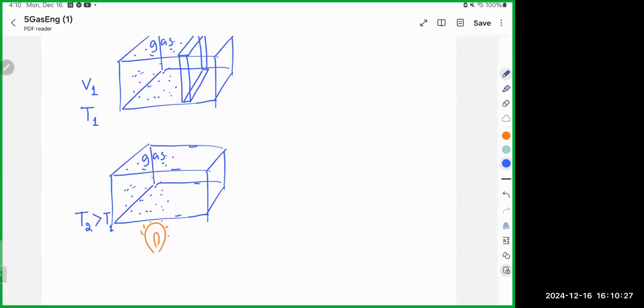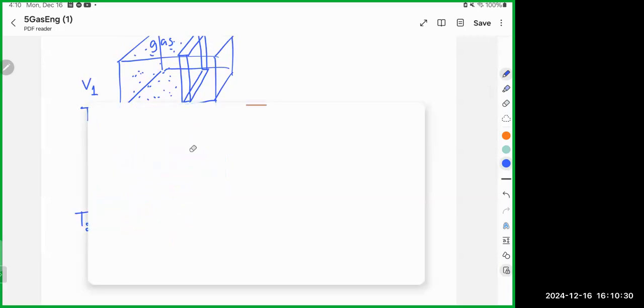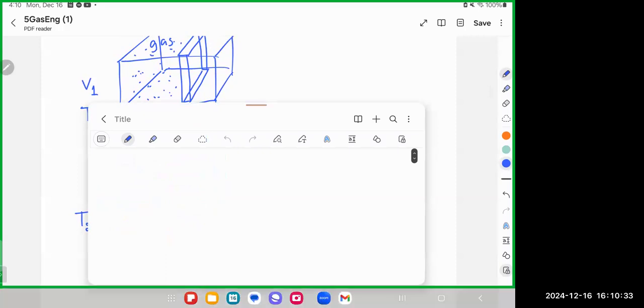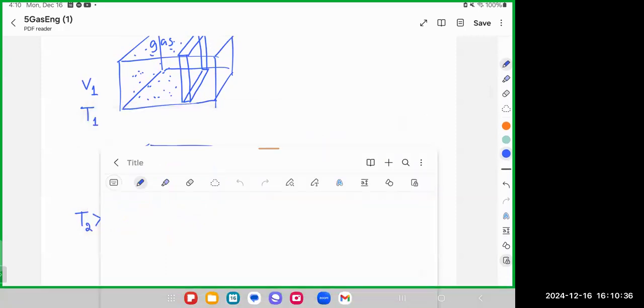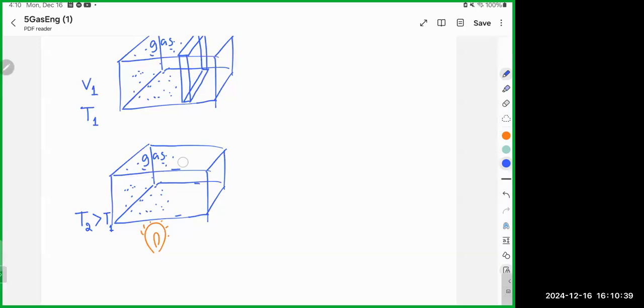And then the piston right here would be moved from here to here.